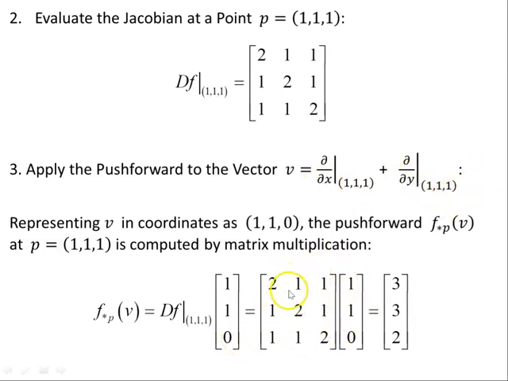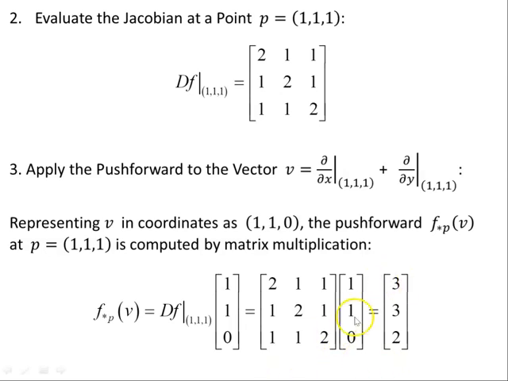So we carry out this multiplication and we end up with 2 by 1 is 2, plus 1 by 1 is 3. Similarly here, 1 by 1 is 1, plus 1 by 2 is 2. The 0 here cancels out that column, those terms there.